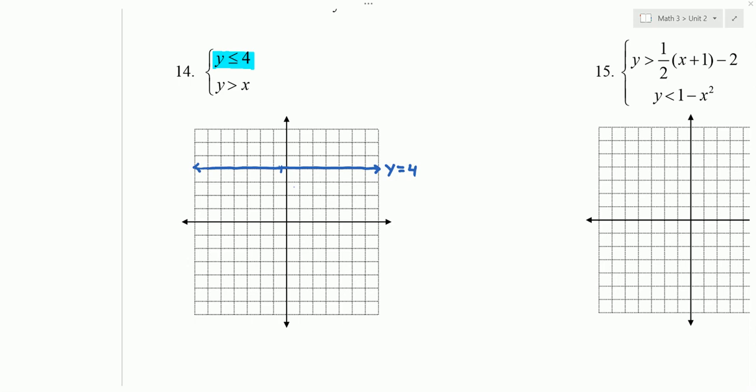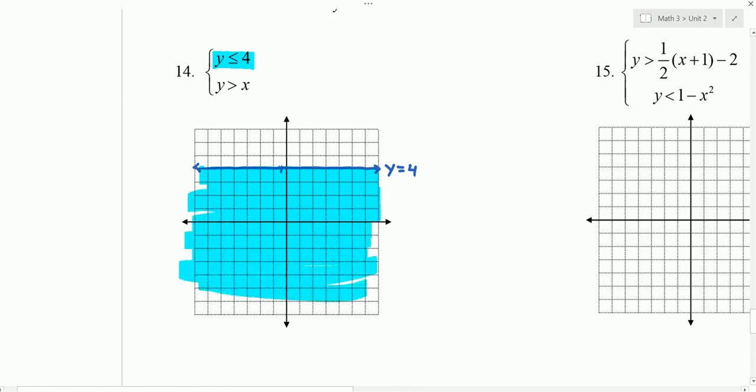But we also want it to be less than 4, so I'm going to shade below. And so the graph of the horizontal line and the shading together make y is less than or equal to 4.